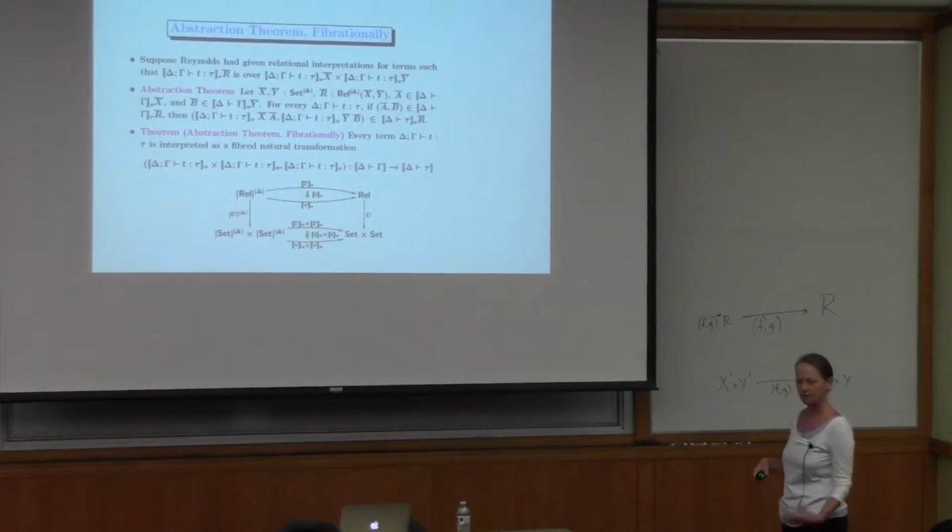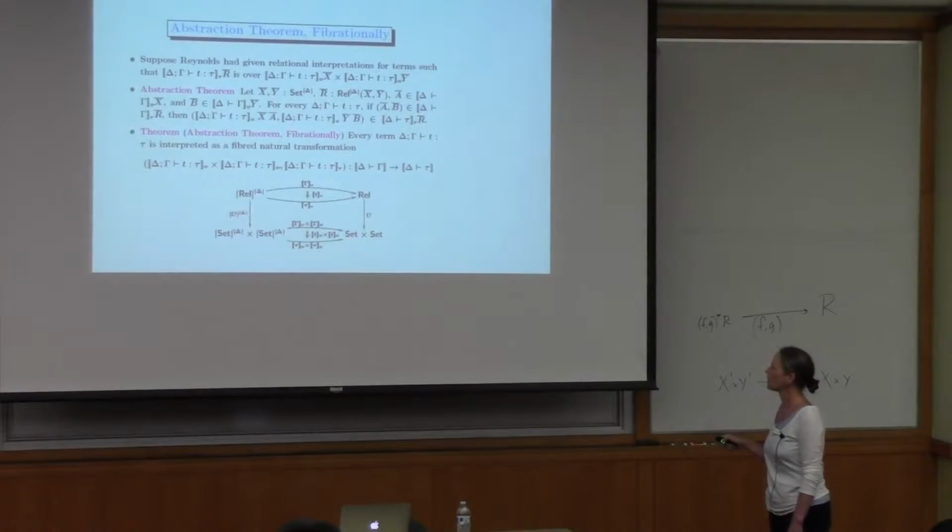And I've tried to draw it in this suggestive way where I've got a fibered functor, and I've got a fibered functor, so this one and this one. So I'm looking at the relational interpretations, and I get a kind of part of a natural transformation on the relational parts. And down here, I've also got the context, but now I'm looking at object interpretations, and I have to pair them up because Rel is over Set cross Set.